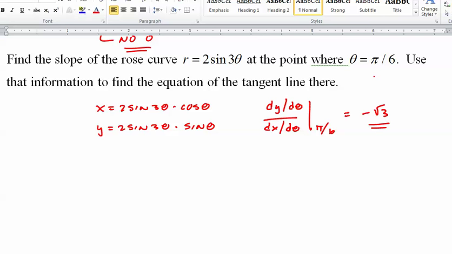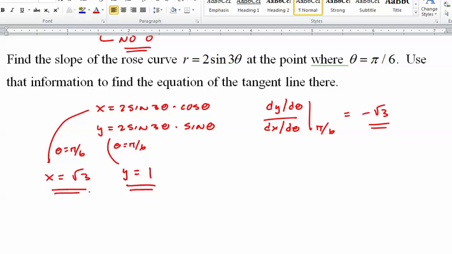Well, we plug it in to both of these, and we get x equals root 3, and we get y equals 1. You can check those if you want. So the tangent line will just be y minus 1 equals negative root 3 times x minus root 3.